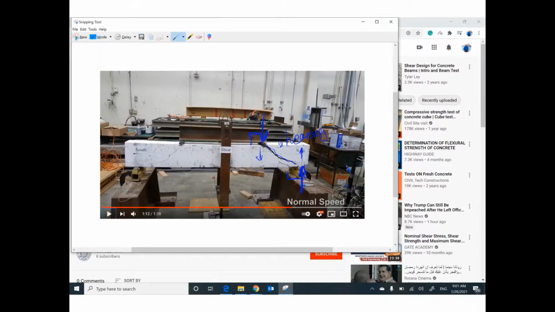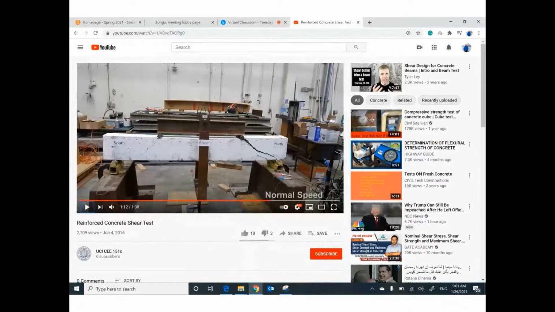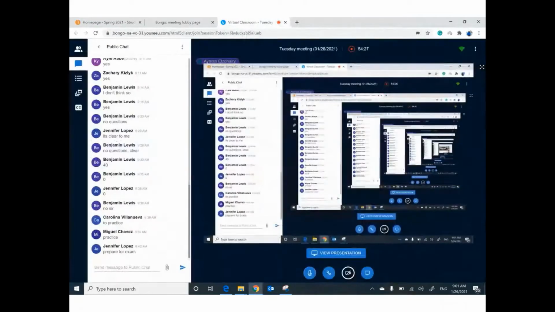So this failure in this beam happened due to shearing, because we have two opposite forces perpendicular to the member. Any question? Did you get it?